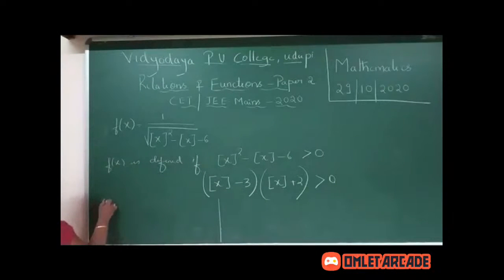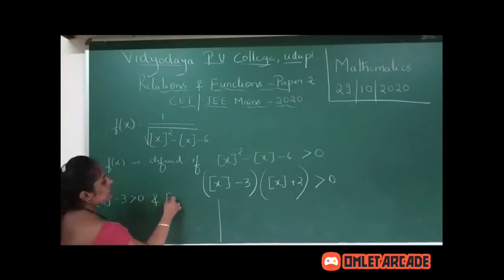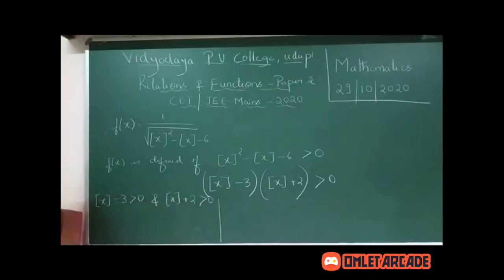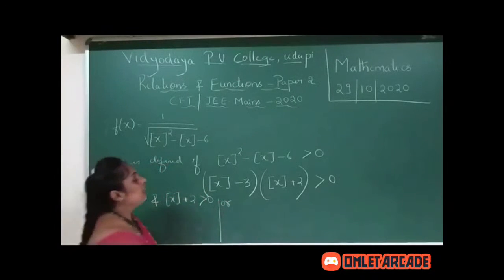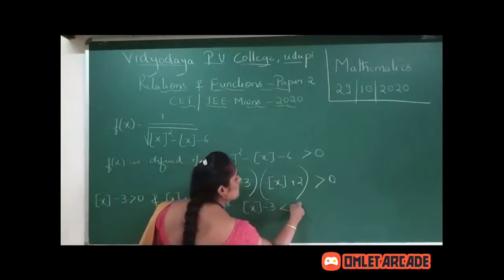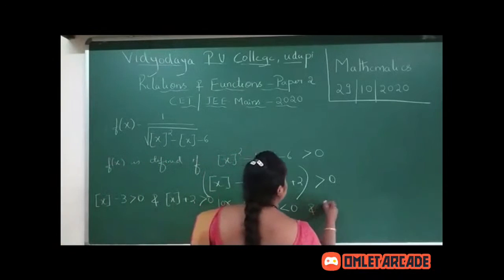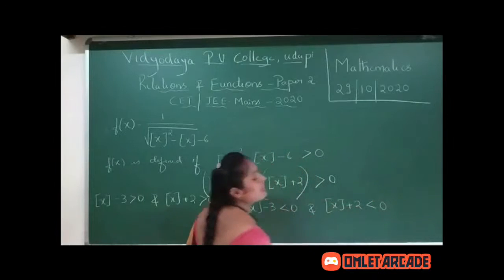One is greatest integer x minus 3 is greater than 0 and greatest integer x plus 2 is greater than 0. Or greatest integer x minus 3 is less than 0 and greatest integer x plus 2 is less than 0.